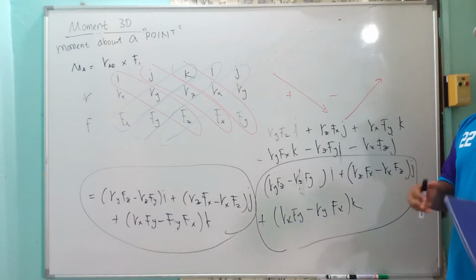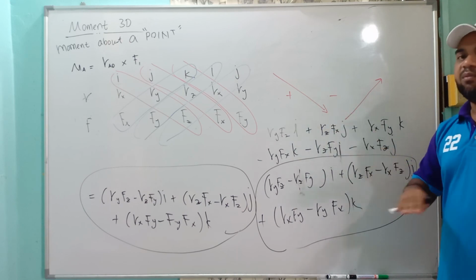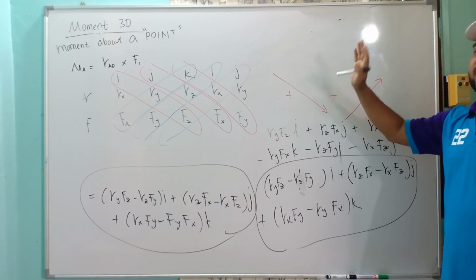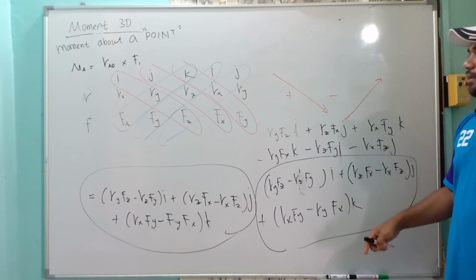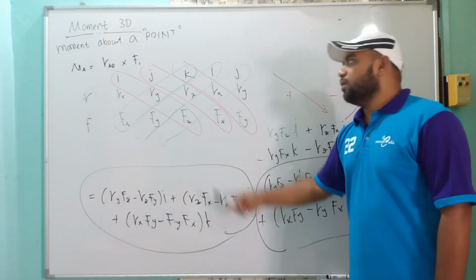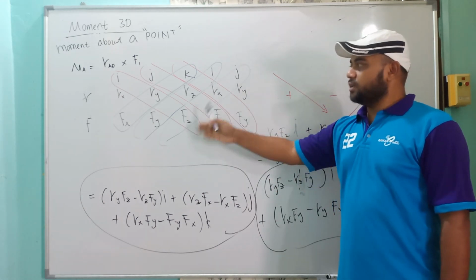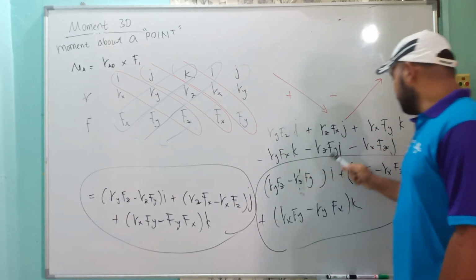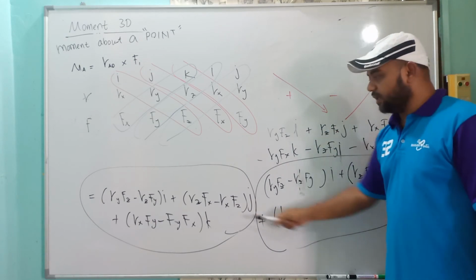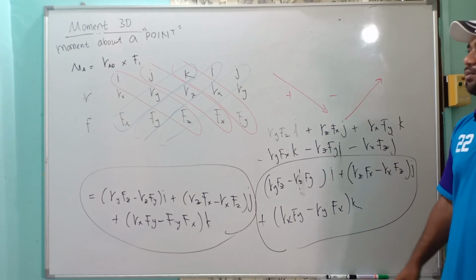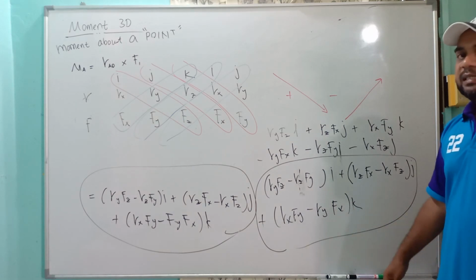So you can either cross one by one and then use the right hand rule to transfer from I, J, K and so on, and then you can have this answer simplified. Or you use the determinant, where the ones that go downward are plus and the ones that go upward are negative. You put everything together and simplify, and you still have the same answer. There are two ways, so you can choose whichever is easier for you.